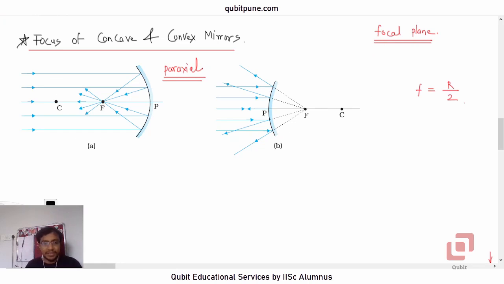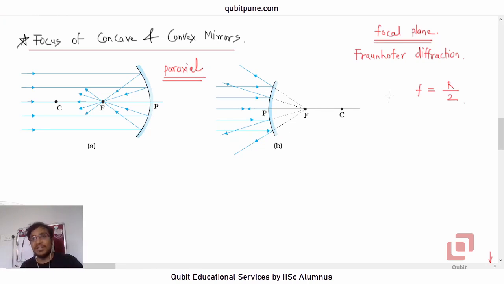In diffraction, we require the focal plane, especially in studying what we call Fraunhofer diffraction. In Fraunhofer diffraction, the object, the screen and the light source are very far from each other.